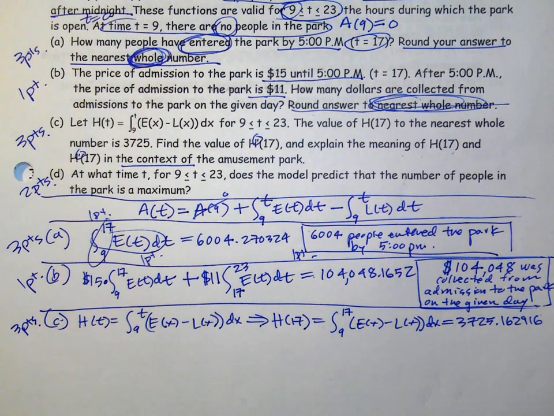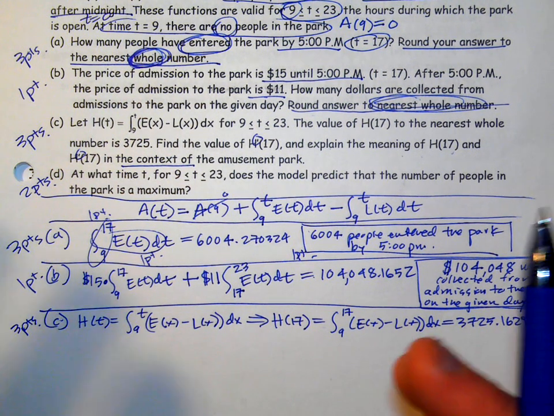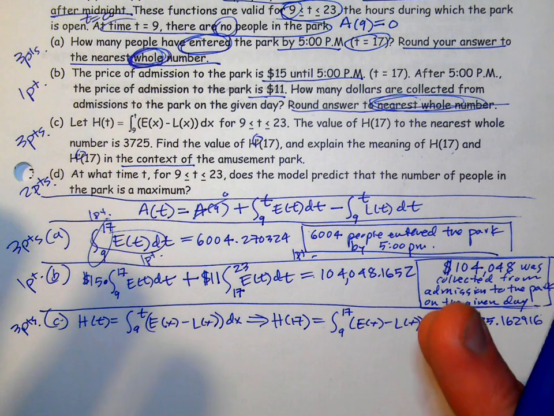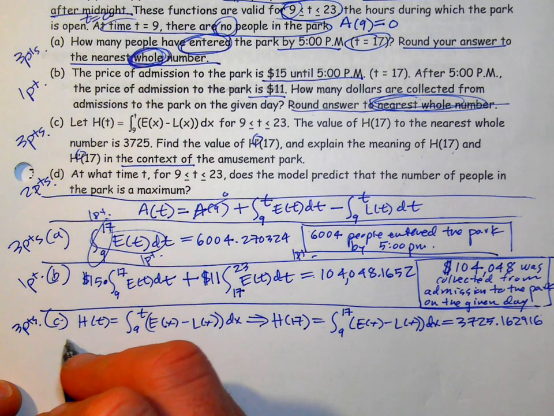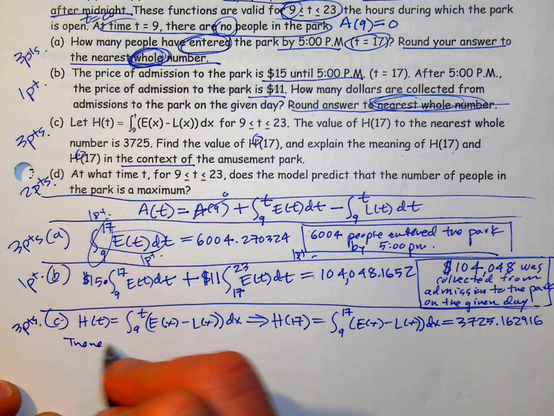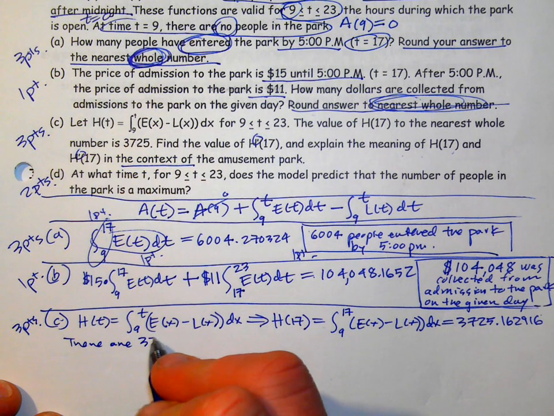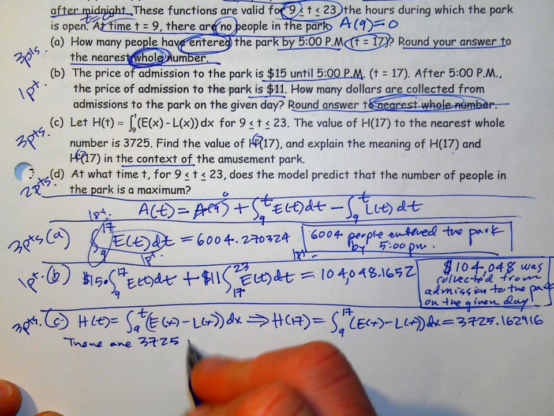Now, what is that? Well, that's what our rate model is. Our rate model is telling you how much of something is there at that given time. This is the amount of people in the park at time 17, or 5 p.m. So we'd say there are 3725. What are the units?